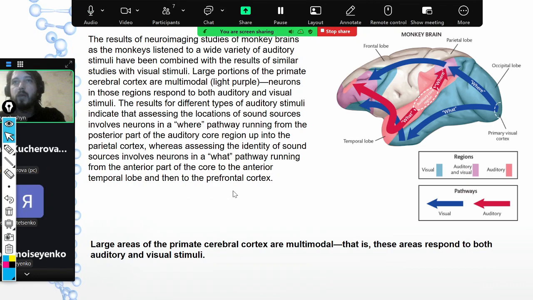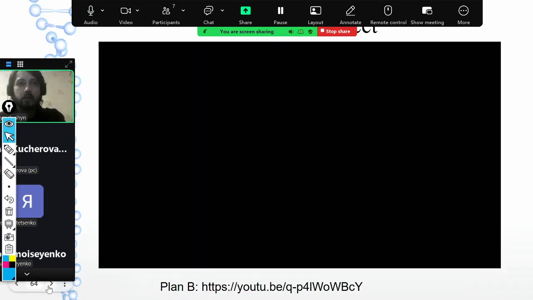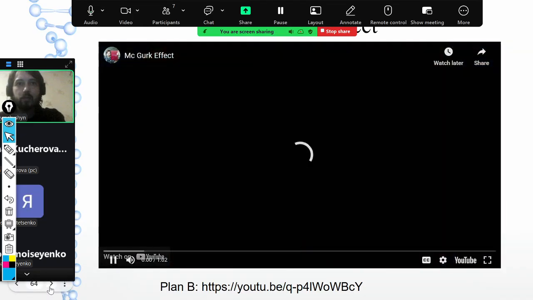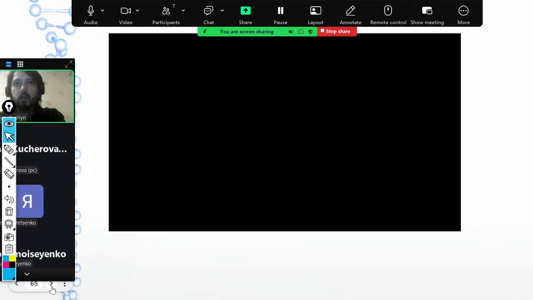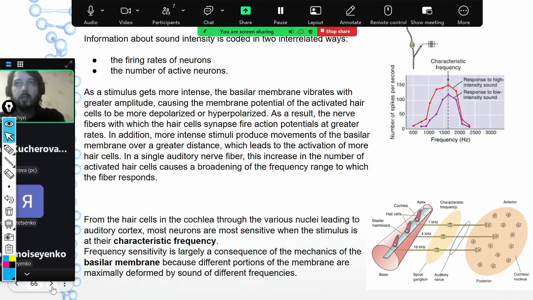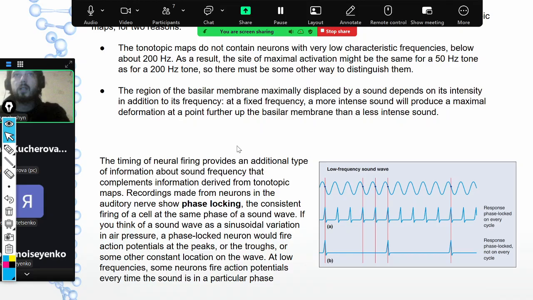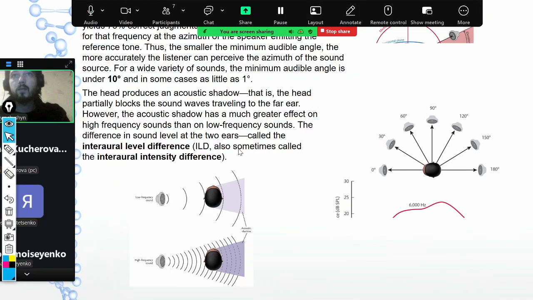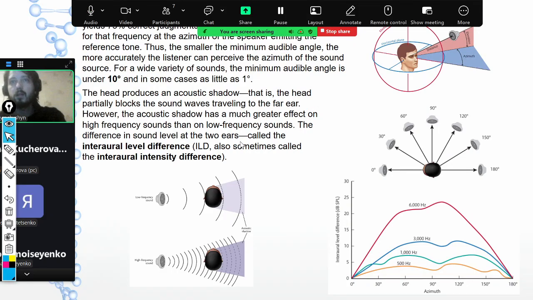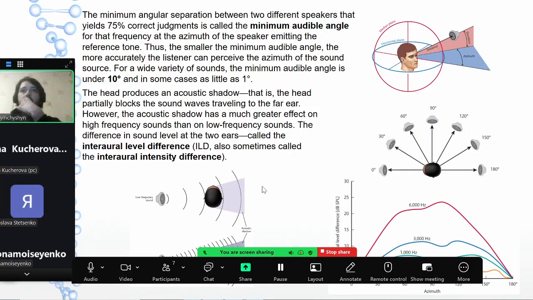One of them is basically detecting the source of the sound.